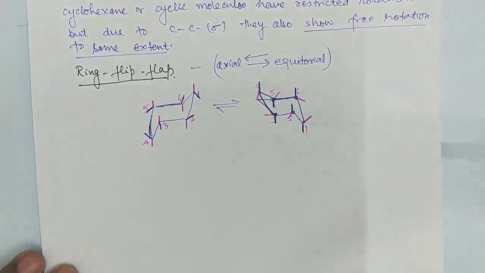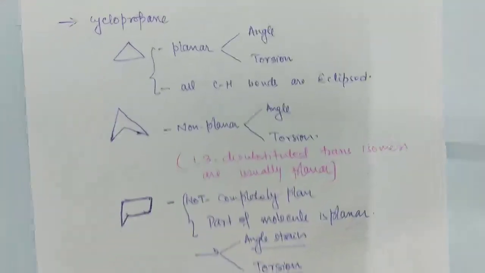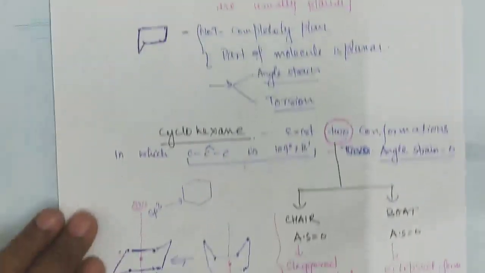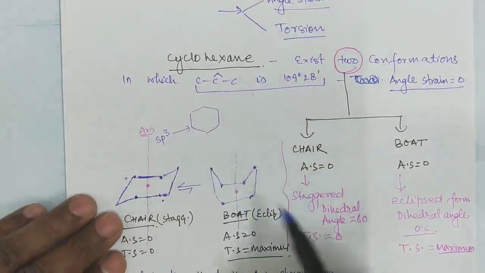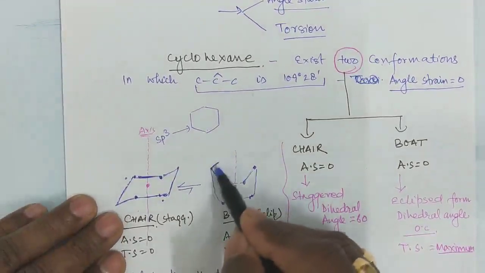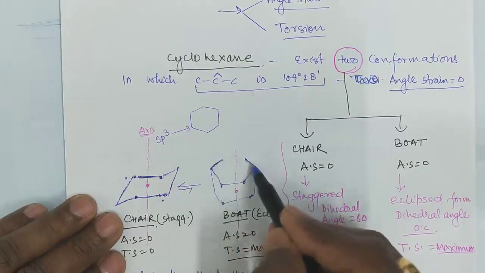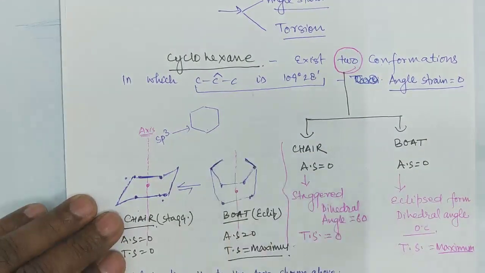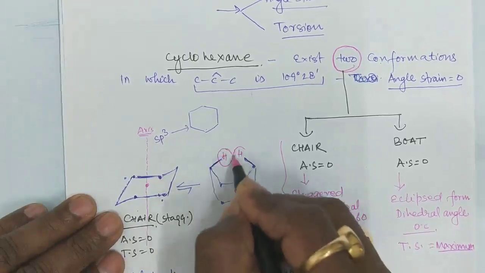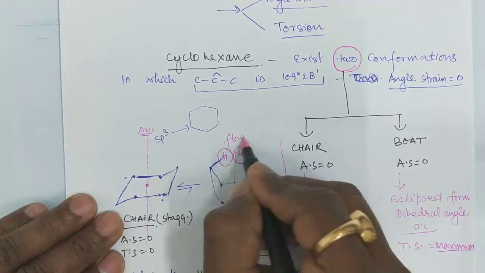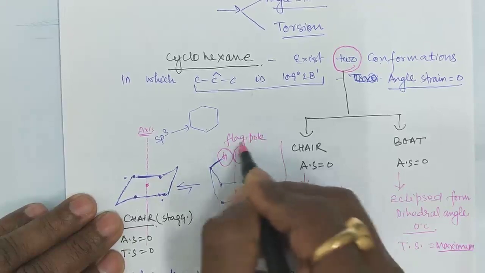And one more thing you have to consider here. In the boat form, one more interaction is there: these two hydrogens are said to be flagpole hydrogens.